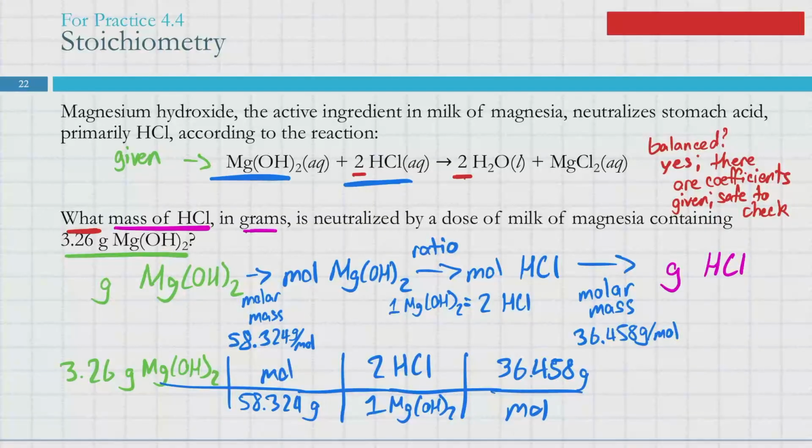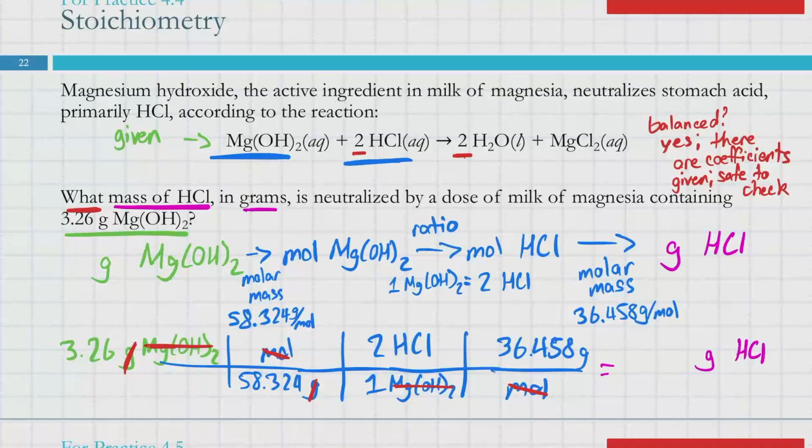We'll go through and cancel stuff out. Grams HCl would come out at the end. Multiply everything on the top, divide by everything on the bottom, and round to 3 significant figures: 4.08 grams HCl.